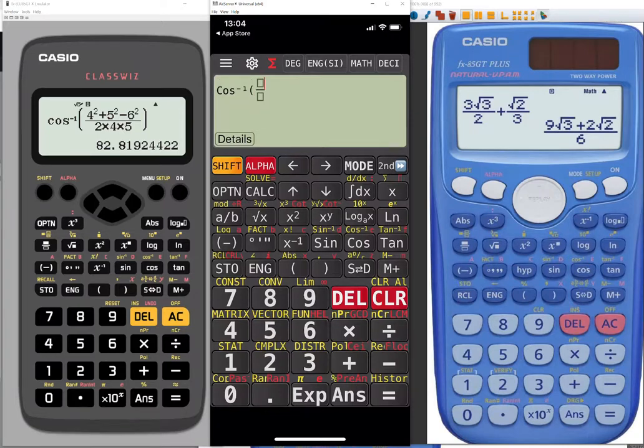Instead of using place value boxes, it uses dummy variables a and b. So here we go. We're going to go with 4 squared plus 5 squared minus 6 squared, and for all intents and purposes, this is the exact same as what I've just done.